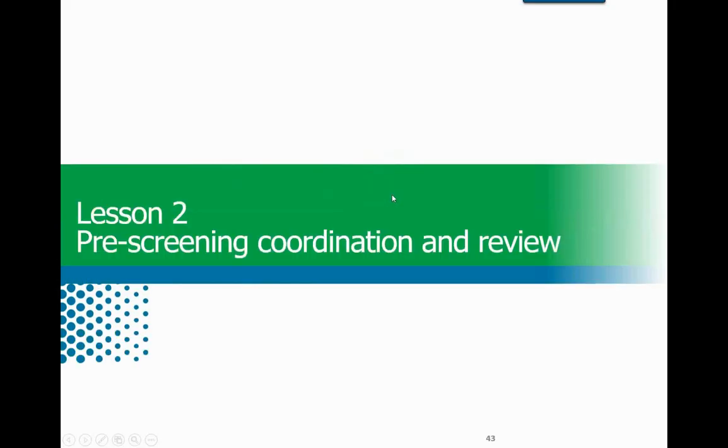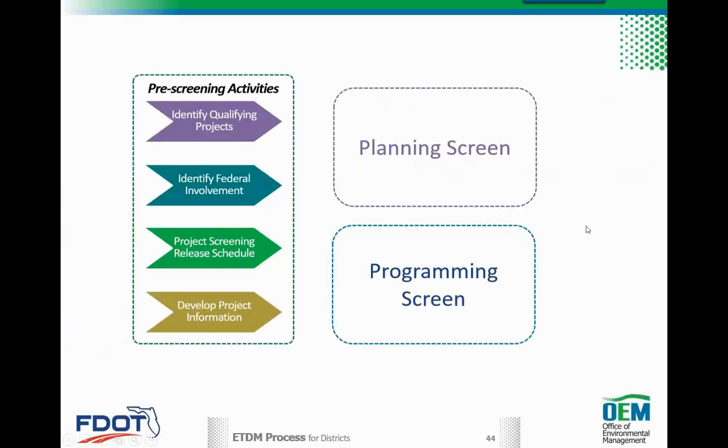Great. Thanks, Ruth. Okay. So a little more details on the pre-screening coordination and review. So we talk about that pre-screening review. It doesn't matter if it's a planning screen or a programming screen. There's some activities, and the pre-screening review is part of it. But traditional pre-screening activity, you identify your projects, you identify your federal involvement, you develop a schedule, then you develop that project information.